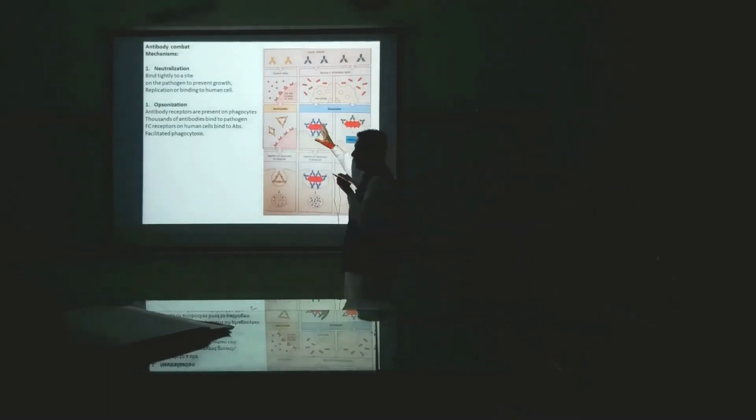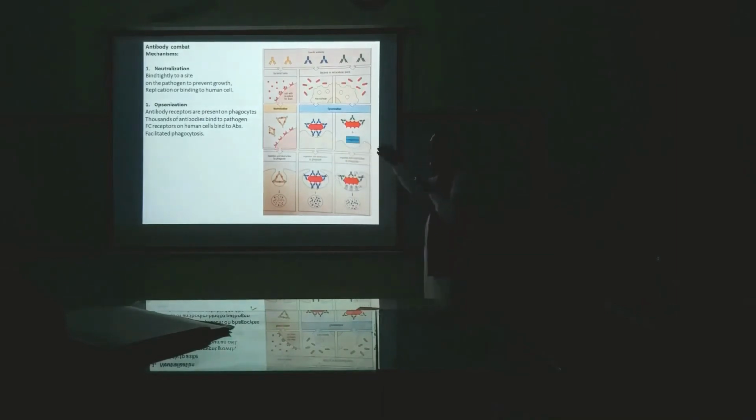If these are toxins, for instance, produced by bacteria, for each and every toxin there is a specific receptor on the surface of a macrophage or other immune cells. So they are going to bind with their specific receptor.